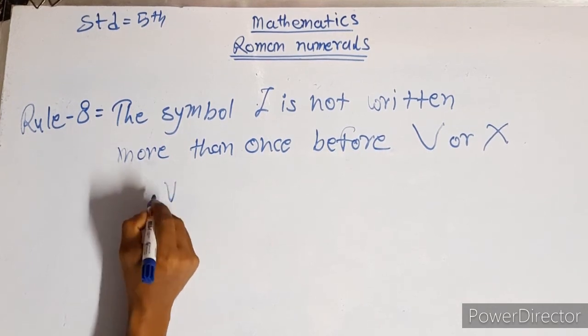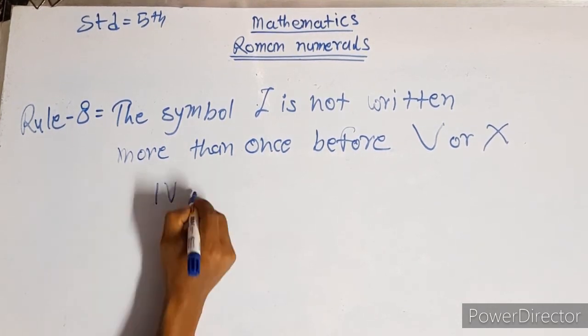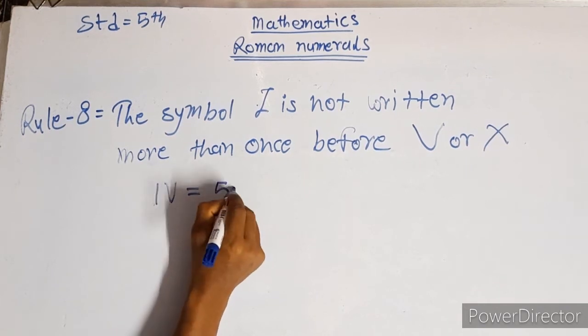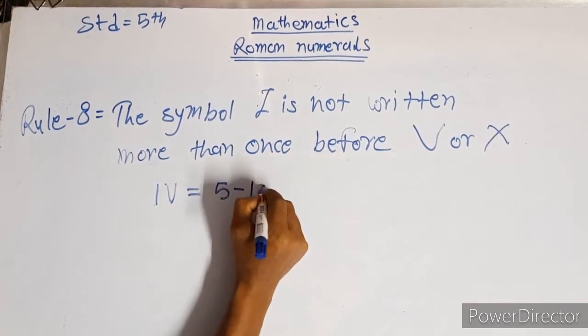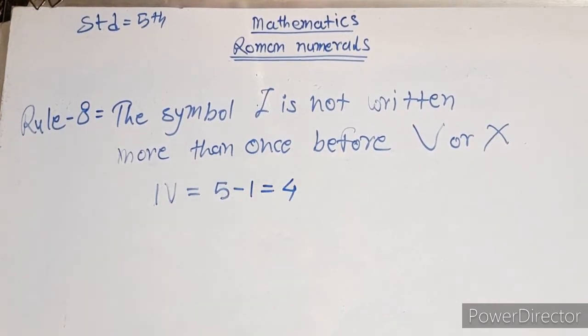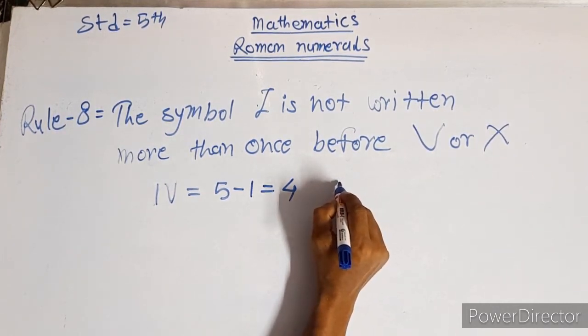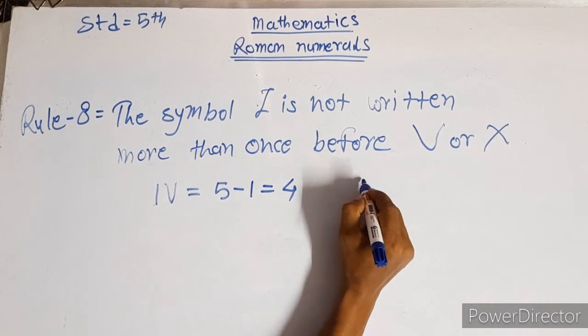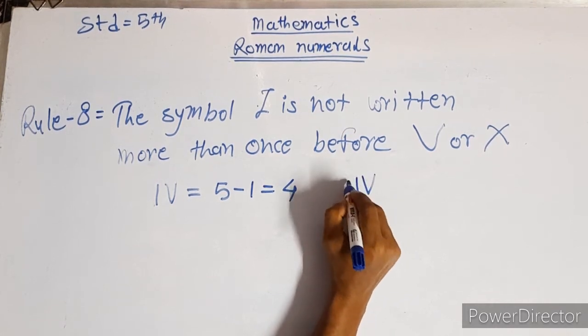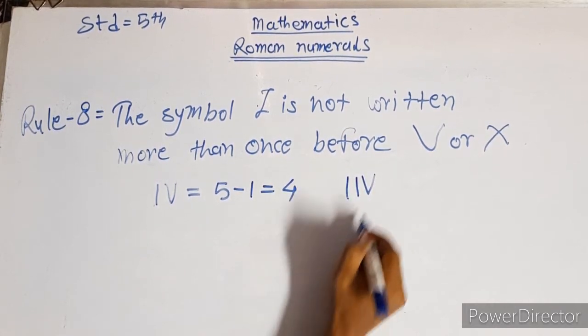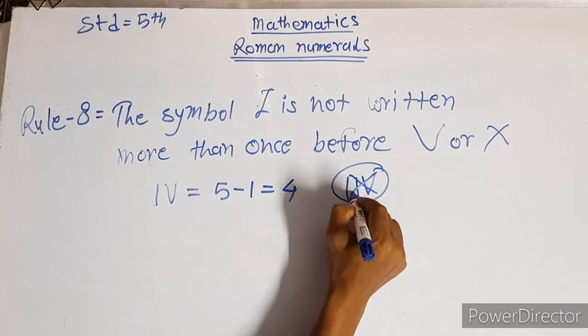IV means 5 minus 1 is equal to 4. Many students write VII, but it is wrong.